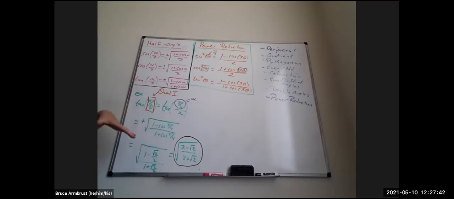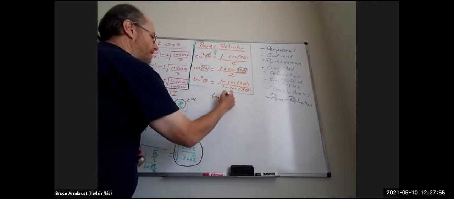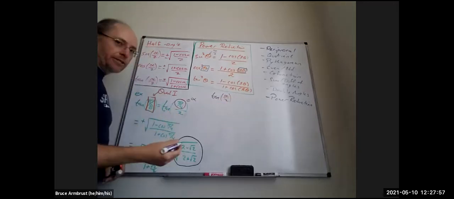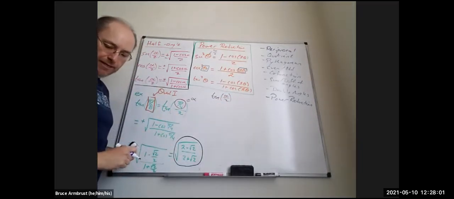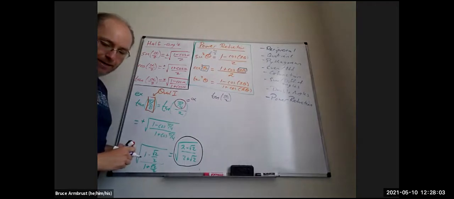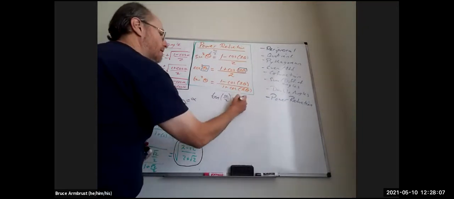All right, now before I show you another example, there are a couple of other forms for tangent of alpha over 2. I'm not going to build these for you. They're actually really easy to build, and I think the book walks you through them if you want to see it.